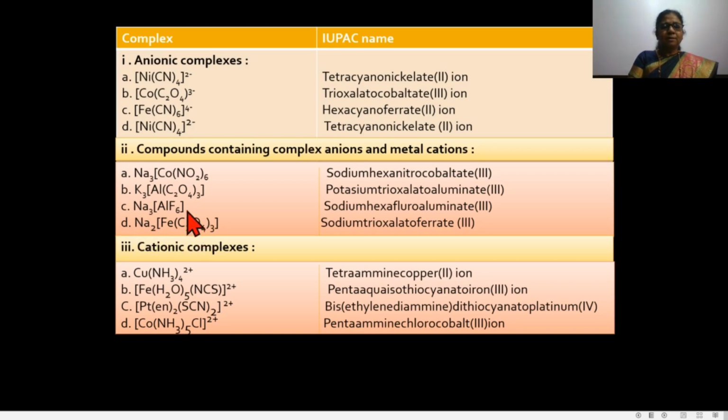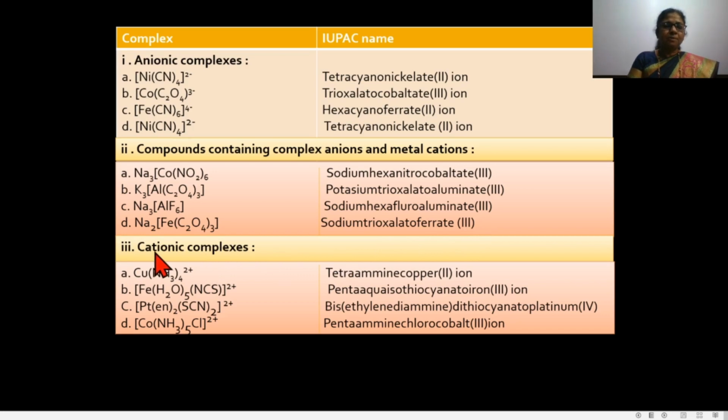Then this is the oxalato. How many? 3. Tri. 3 is abbreviated as tri. Then the name of this complex is sodium trioxalatoferrate, and write the oxidation state of this complex.